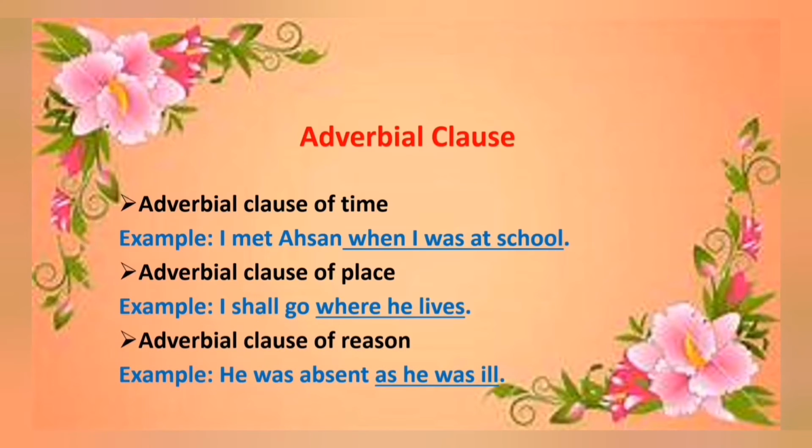Adverbial clause of reason. This type of clause indicates the reason for the action of the principal clause. For example, he was absent as he was ill. As he was ill is the adverbial clause of reason.